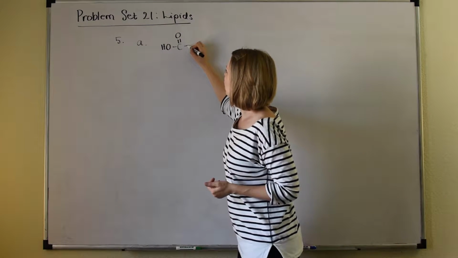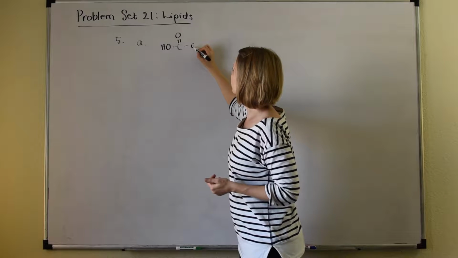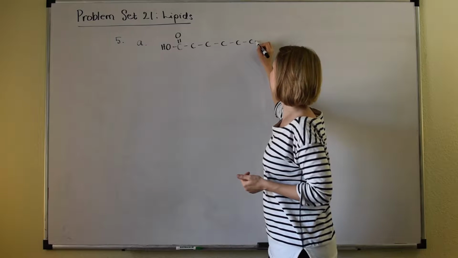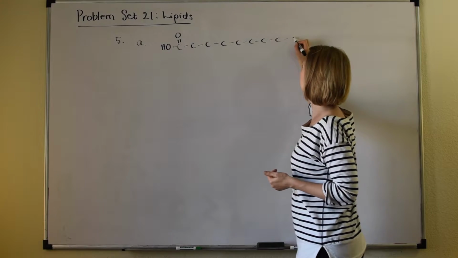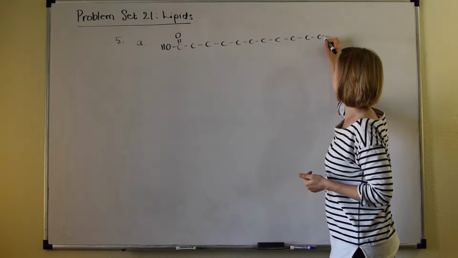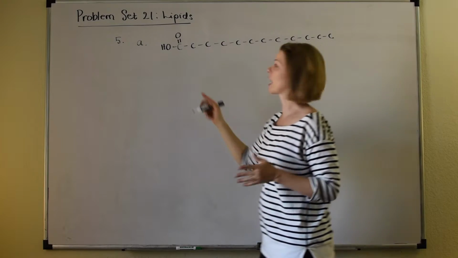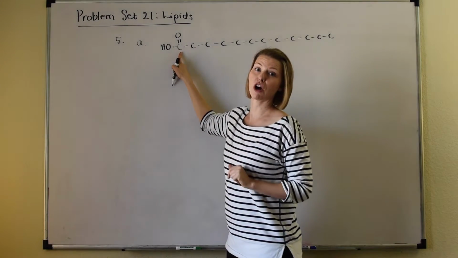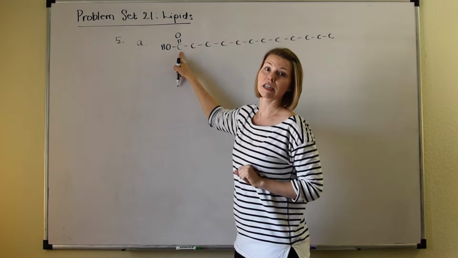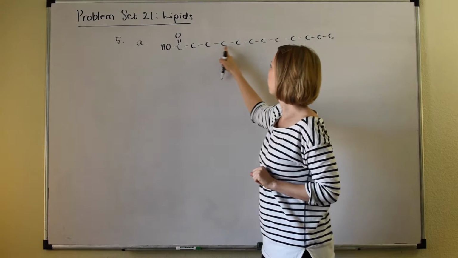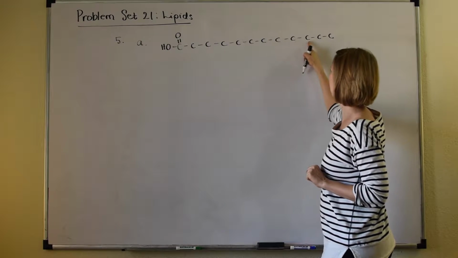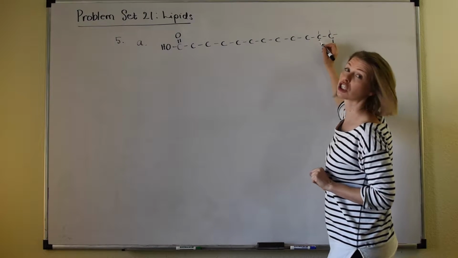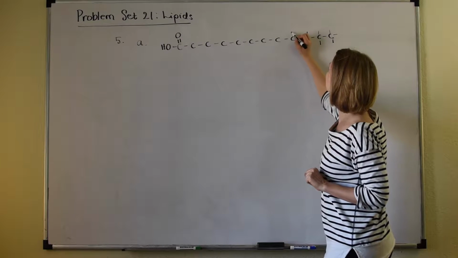And I'll go ahead and draw it expanded. 1, 2, 3, 4, 5, 6, 7, 8, 9, 10, 11, 12. Always double check it. The carbon of the carboxylic acid counts as part of your 12. So 1, 2, 3, 4, 5, 6, 7, 8, 9, 10, 11, 12. Add in your hydrogen, and I'm just going to draw my bonds to hydrogen.